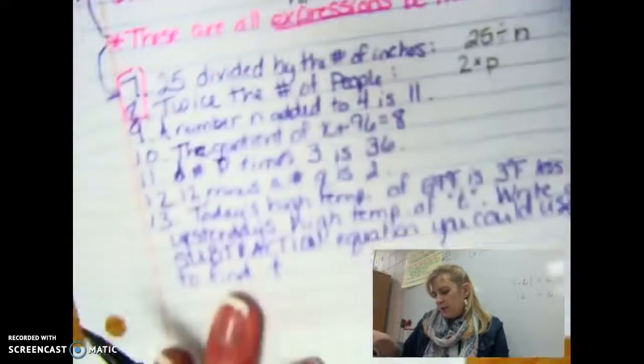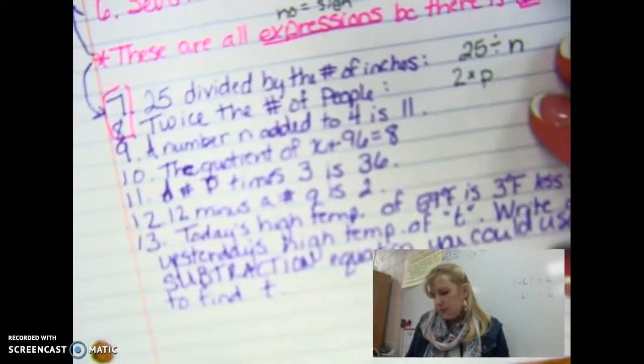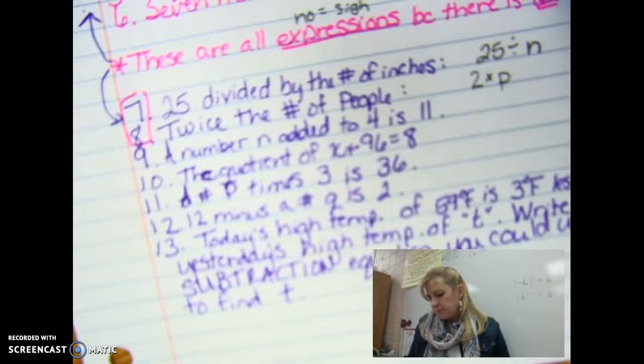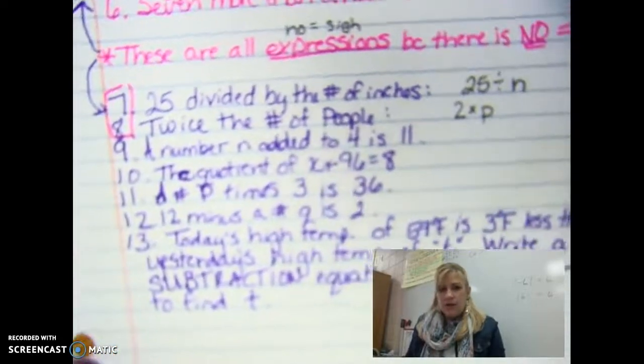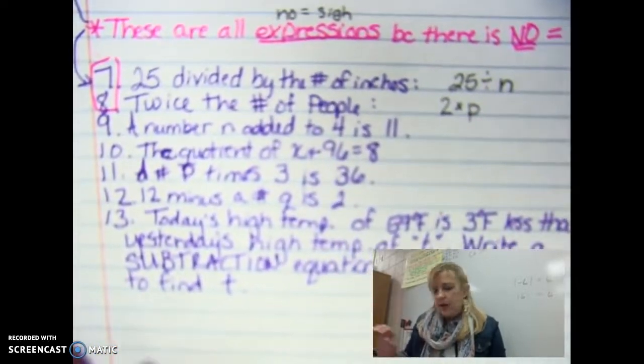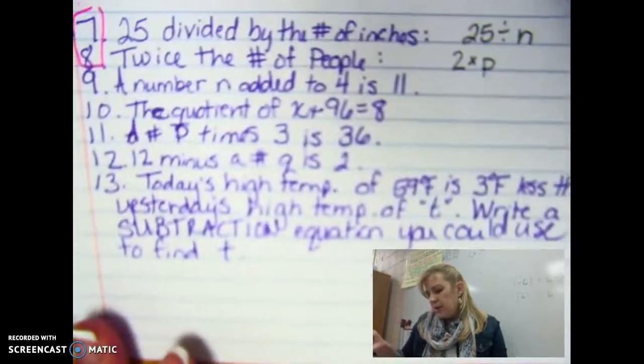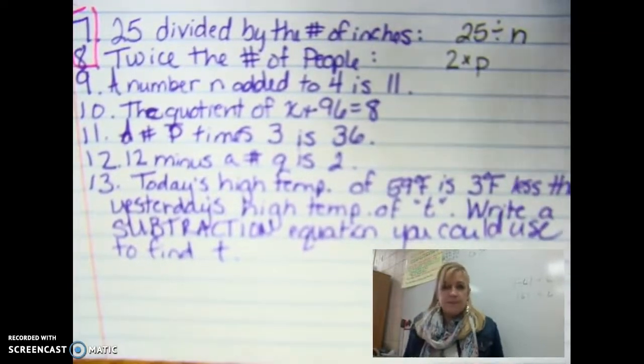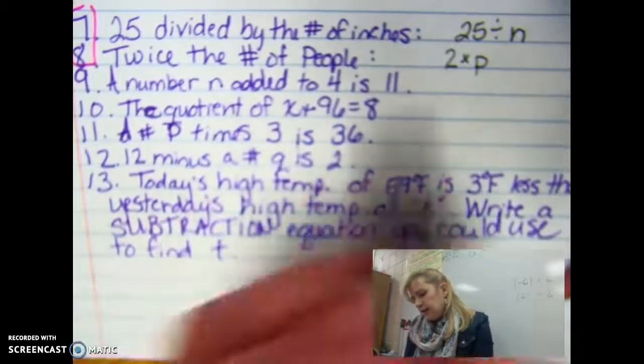What I want to do with numbers 9 through 13 is I just want you to write the sentence and we'll talk about the answer. So a number n added to 4 is 11.